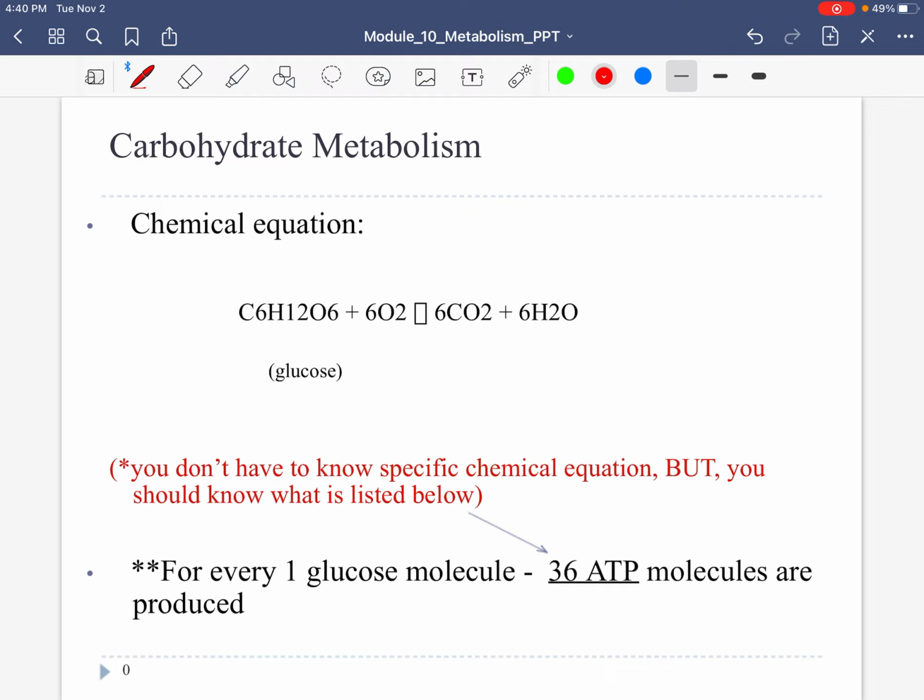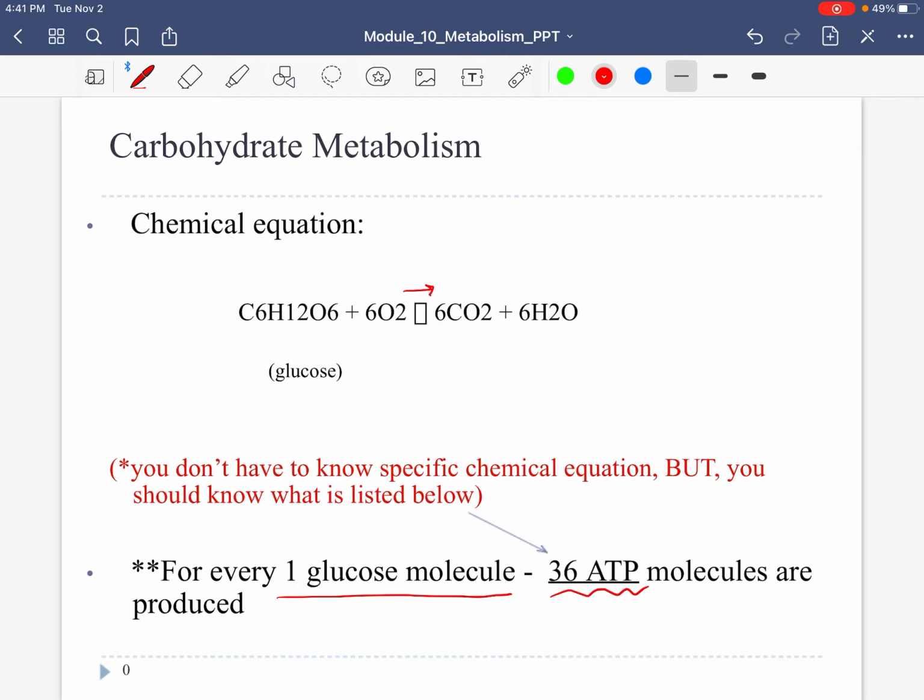Just what I said, right? Okay. Now, C6H12O6, you don't need to worry about this chemical equation, right? But what I do want to point out is, and this should be yields, for every one glucose molecule that goes into these series of chemical reactions called cellular respiration, 36 ATP molecules are produced.